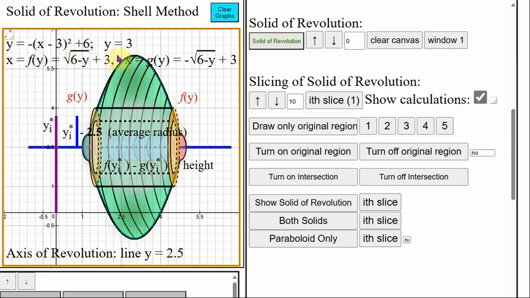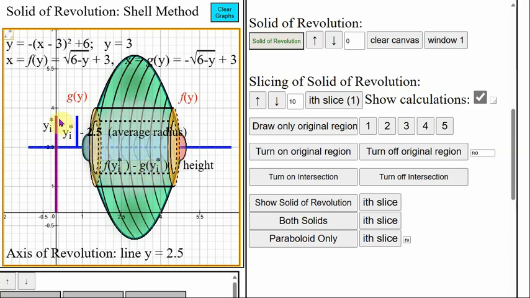I'm going to call this g of y and this part f of y. So the height of this shell is f of y sub i star minus g of y sub i star.